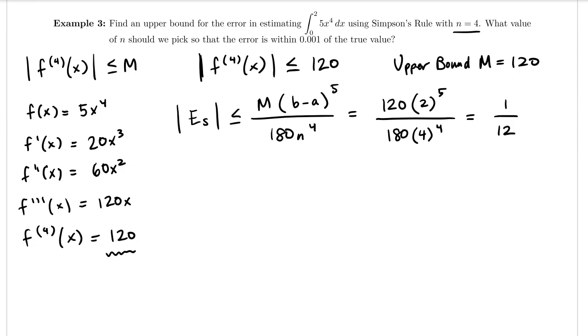And that's really nice because what that says is if you use Simpson's rule and you use n equals 4, which is with 2 parabolas, that means that the most that the error is going to be is 1/12 off, which was the case. It was exactly 1/12 off when we made our calculation.